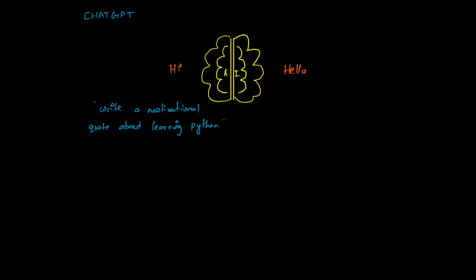So, how does it think of a response for my input? The first step is tokenization. Tokenization is nothing but splitting your text, making it into chunks.